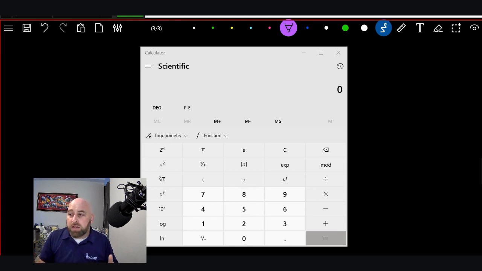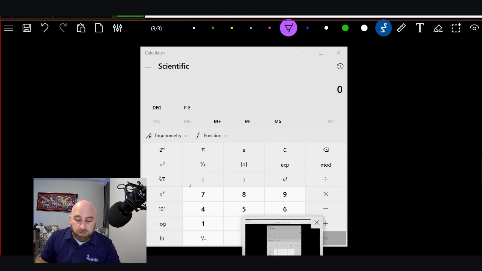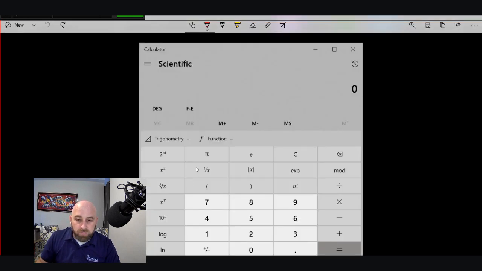So if you look on page 333, the bottom of the page, here's what I want to show you. I want to show you this calculator, and this is going to allow me to write on it. I want to show you this button right here, this is what mine looks like. This is the one I'm looking at.